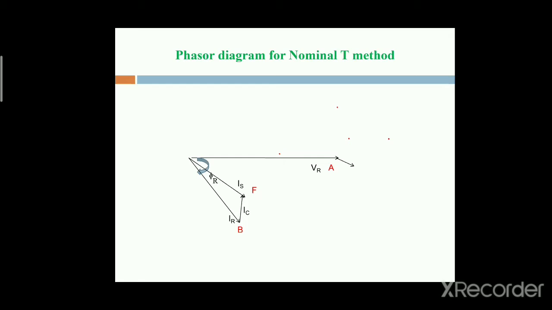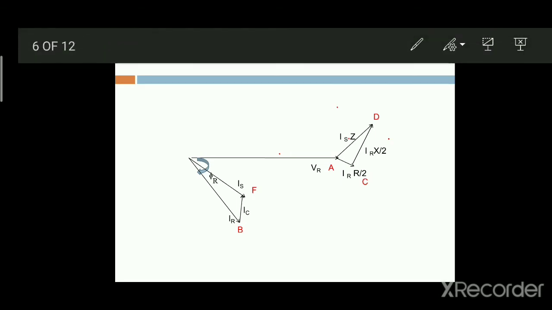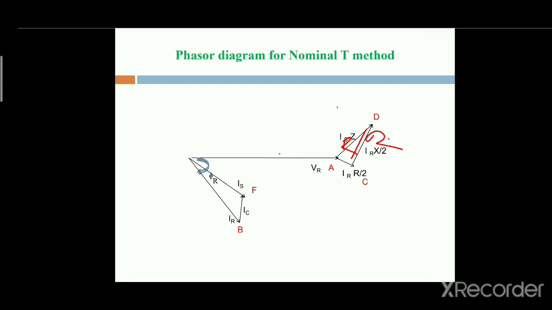By projecting this IR, we get the resistive drop, that is the IR R by 2. Next, it is called C. Next, at an angle of 90 degrees, we represent the IRX by 2. By adding these two terms, we represent the IRZ by 2.